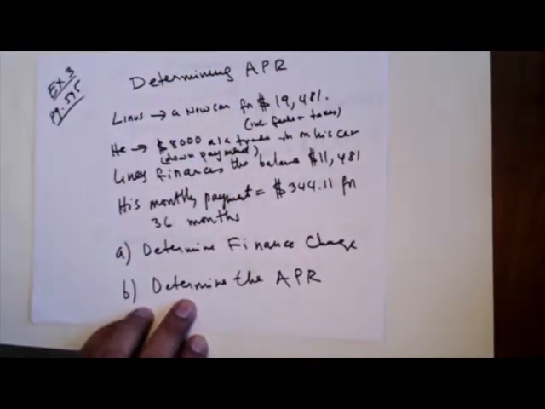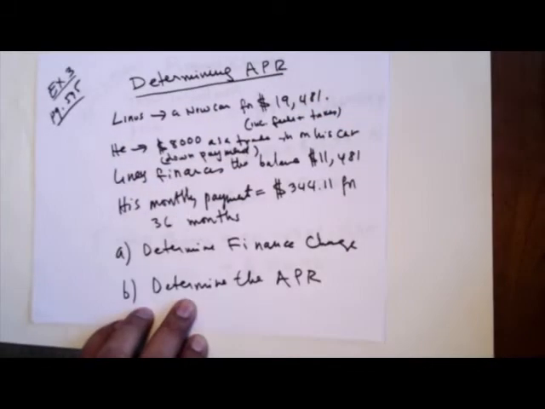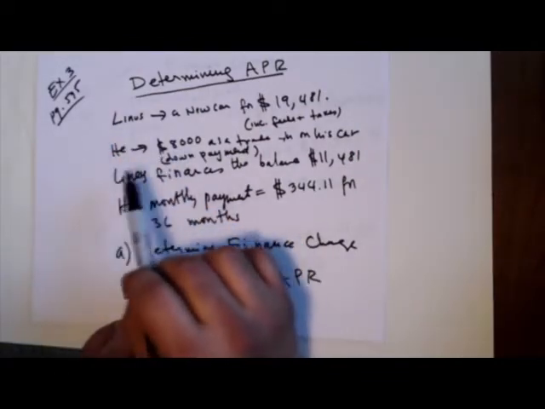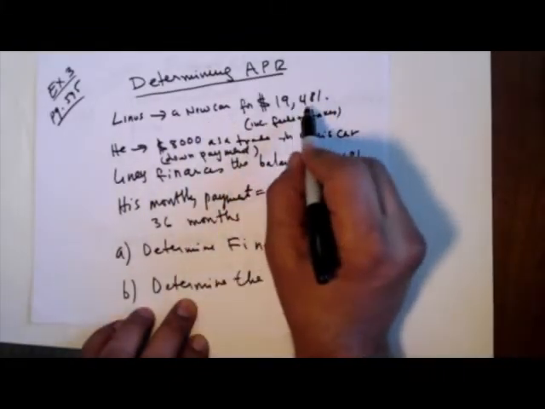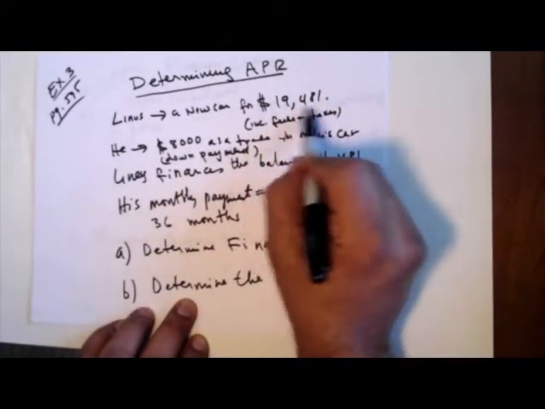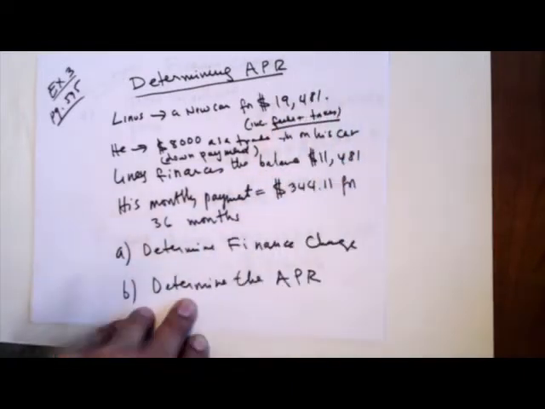Moving along, we are going to do exercise number 3 on page 595, and the title of this exercise is determining APR. Now we have this person, Linus, trying to buy a new car for $19,441, and this price includes taxes and fees.